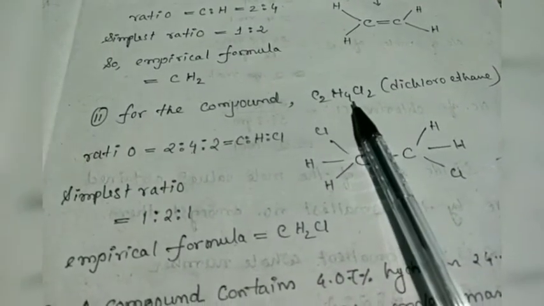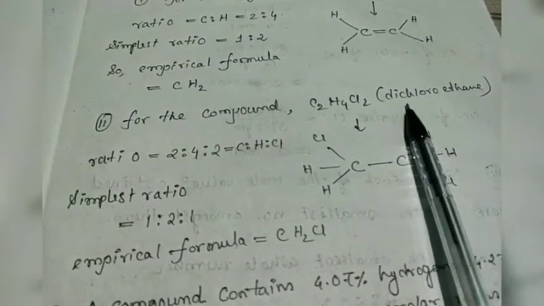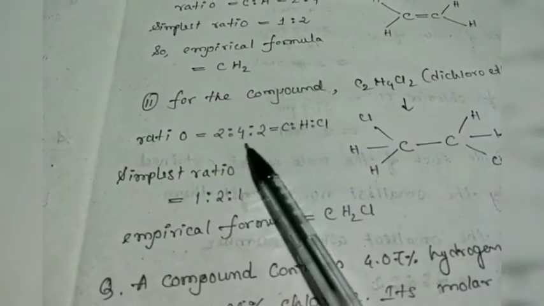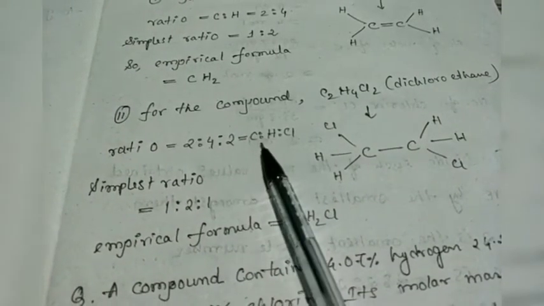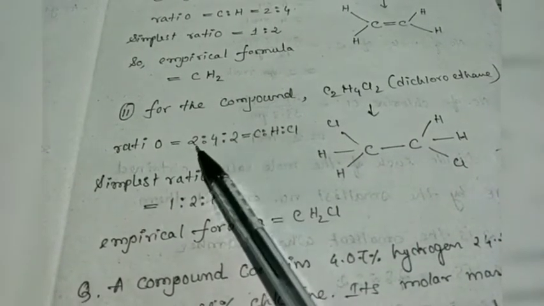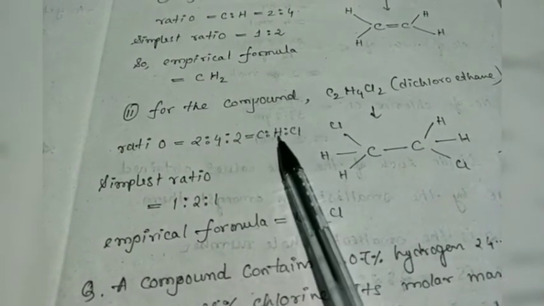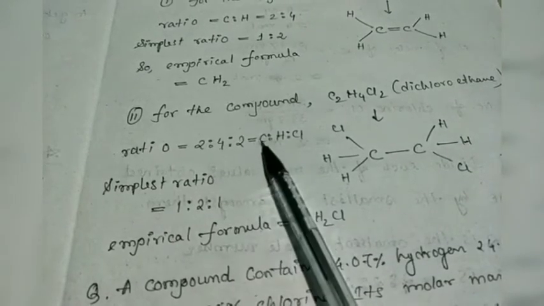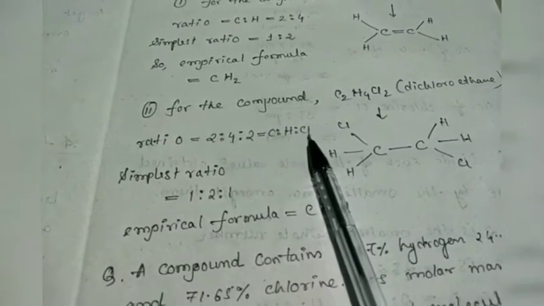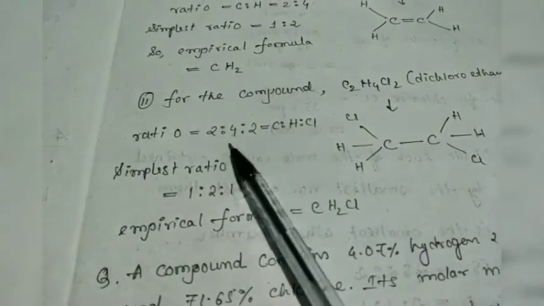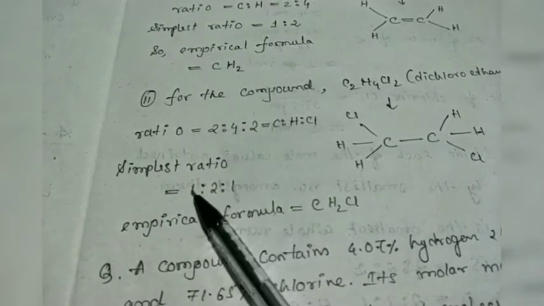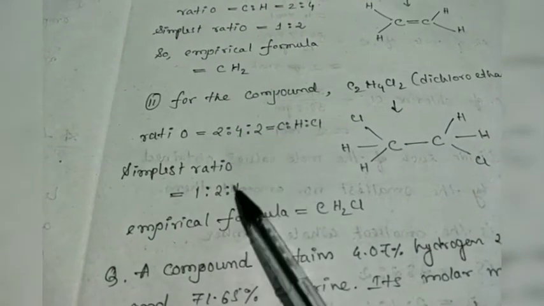Similarly, for the compound C2H4Cl2, dichloroethane, the ratio is 2:4:2, comparing carbon, hydrogen, and chlorine. 4 is the number of hydrogen atoms, 2 is the number of carbon atoms, and 2 is the number of chlorine atoms. For the simplest ratio, this ratio is divided by 2, giving 1:2:1.